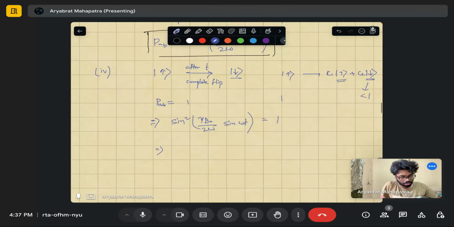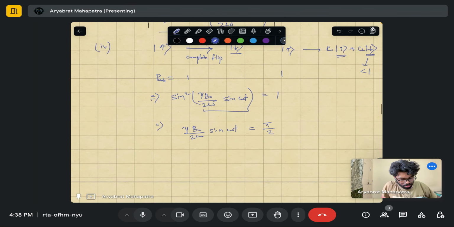So that means the argument of this sine square is pi by 2. Only then you can have this sine square expression give you one, which is your maximum probability. So this is pi by 2.